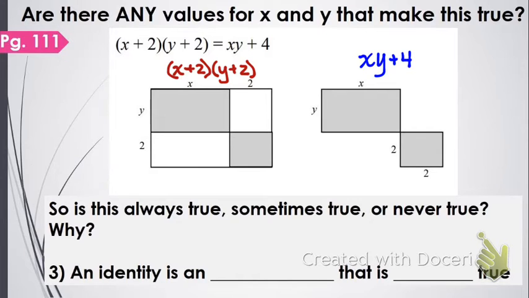Whatever number you substitute in for x, it has to go in both x's. Whatever number you substitute in for y, it has to go in both y's. But we want the area model on the left and the area model on the right to have the exact same total area so that these two are equal. I'm going to give you about 5 minutes to play around with it on your own.